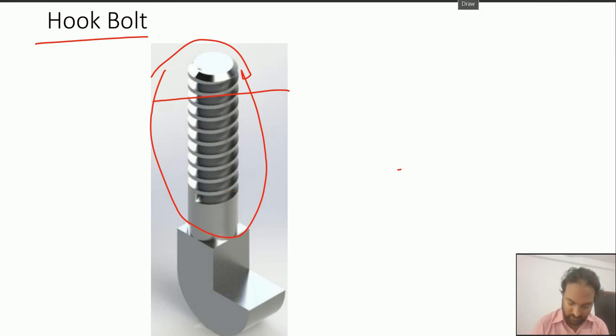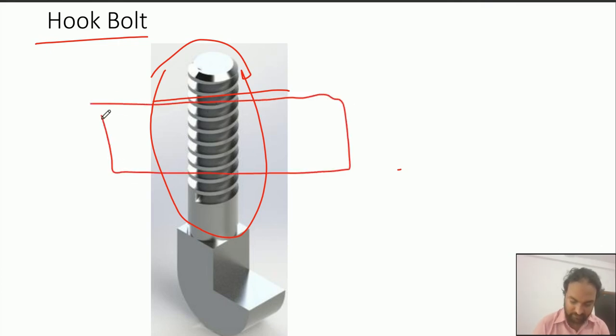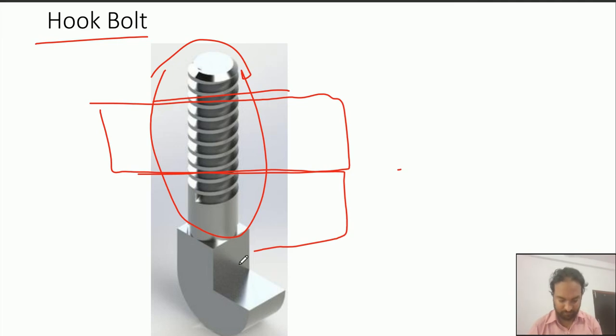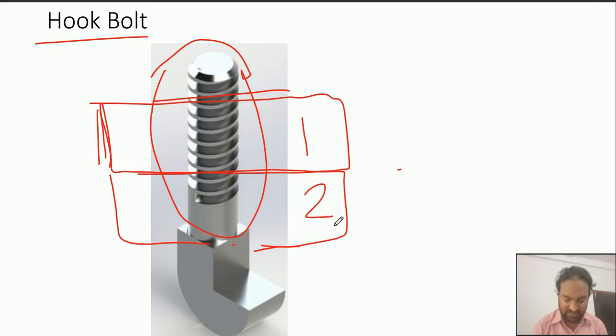So you see here, suppose part 1 is there, and part 2, but in part 2 we will not drill any hole. I wanted to tell you that in part 1 and part 2, we will not cut any thread inside this one, and in this we don't need to cut the thread. So we can use the hook bolt in two ways.